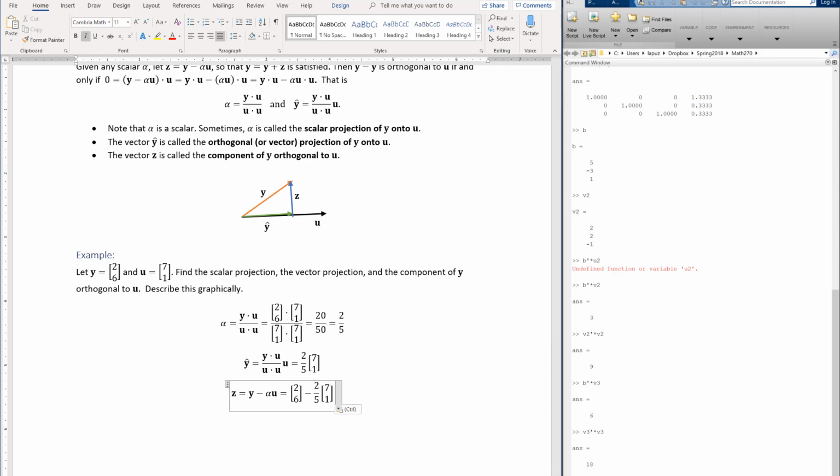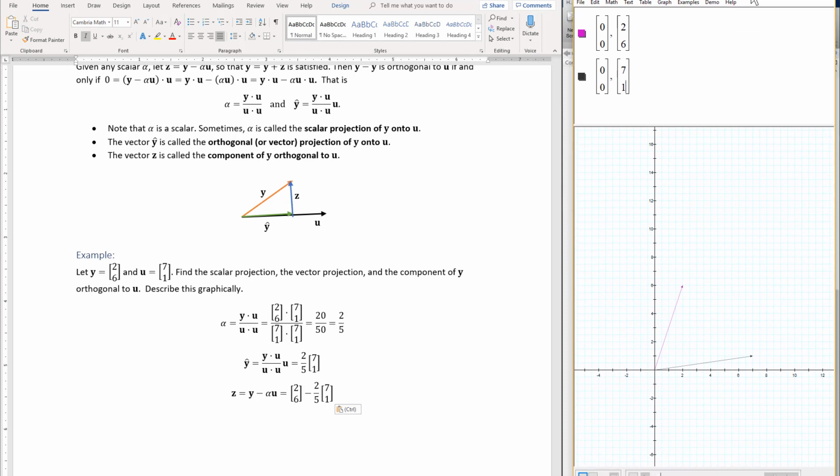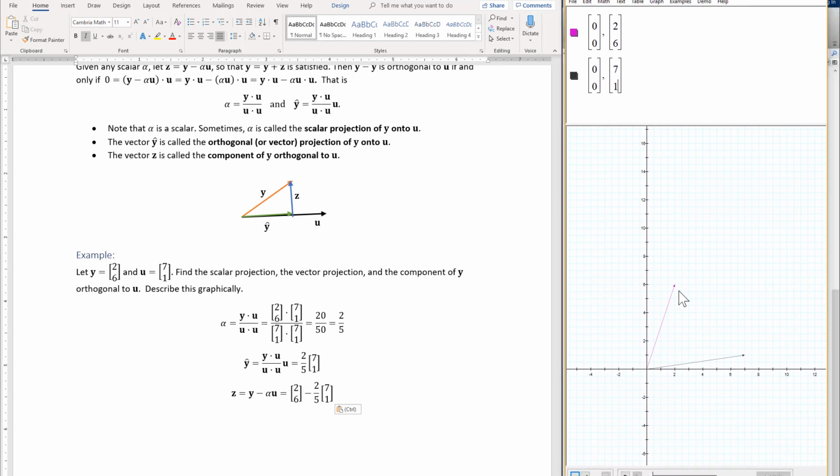I do want to take a look at the graph of this, and for this we'll take out a different program, a graphing calculator program. Here we have the vector going higher over here is a vector y, and then our vector here is u. Let's figure out what this vector is going to look like.